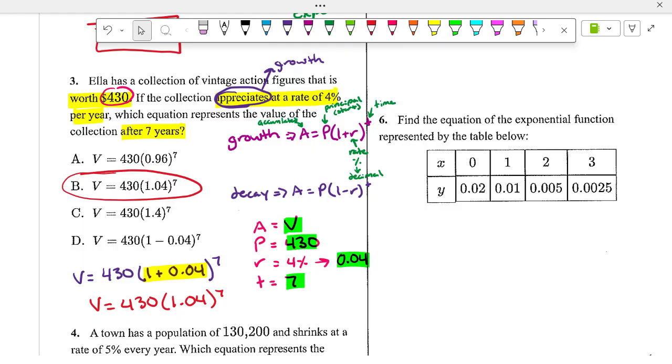So figure out whether it's going to be a growth or decay, identify your different parts of the function, and then plug it into the formula. Now, when you're picking your answer choice, you may have to simplify what's in the parentheses, like do the addition or subtraction. So if you need to do that, make sure you do.